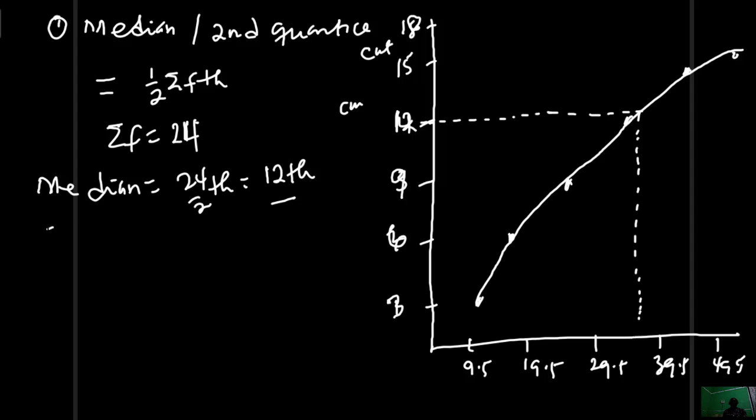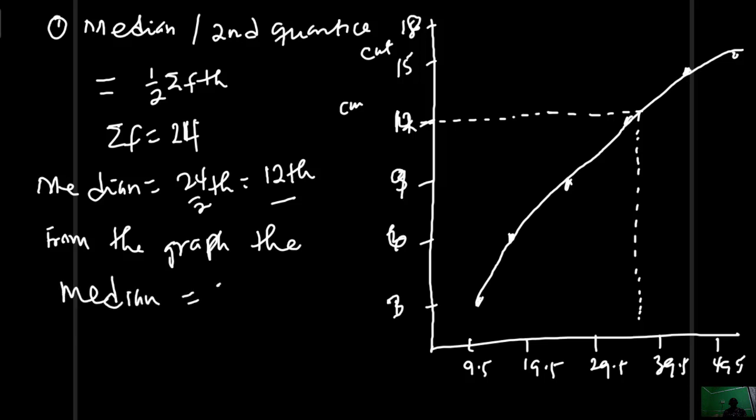So we can see that from the graph, the median is equal to, let's say, 37 marks. This is rough work.